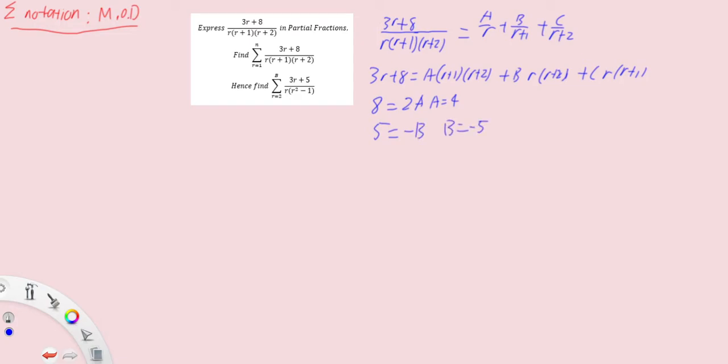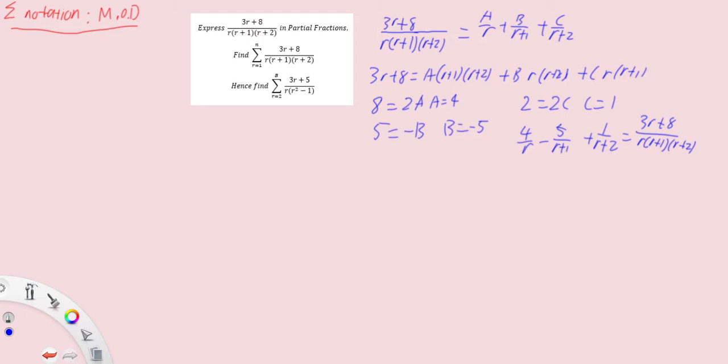Then you solve for C, which is r equals minus 2. You get 2 on the left, and minus 2 times minus 1 times C gives us 2C, so C equals 1. Therefore, we have 4 over r minus 5 over r plus 1 plus 1 over r plus 2, to give us (3r + 8) over r(r+1)(r+2).